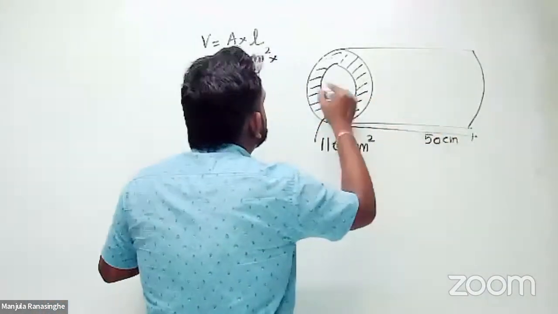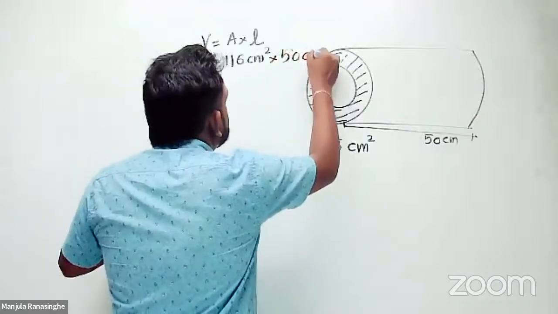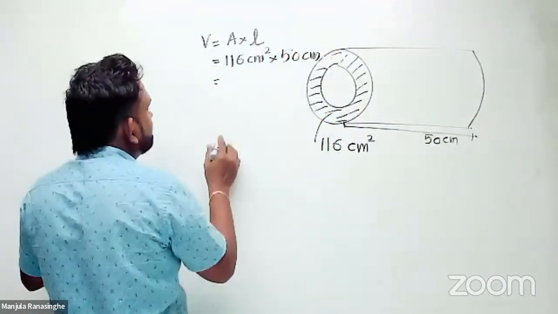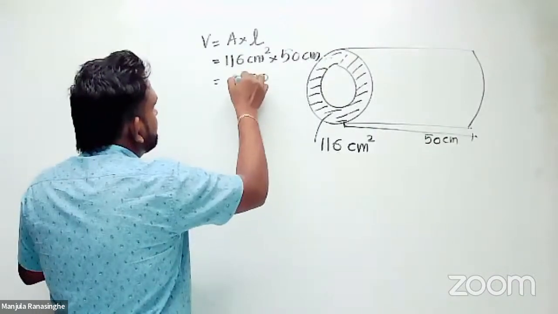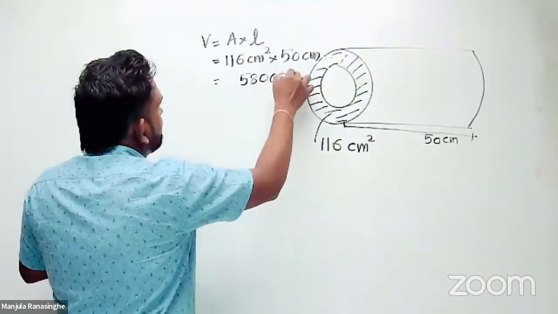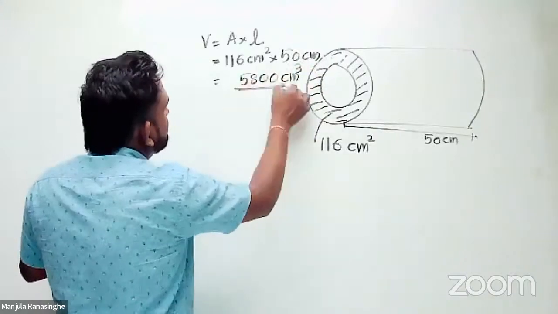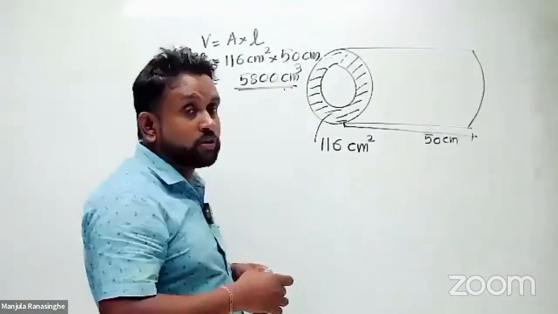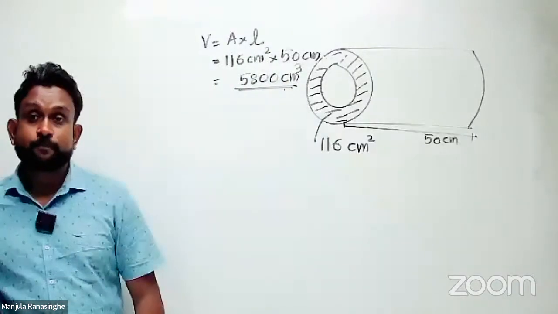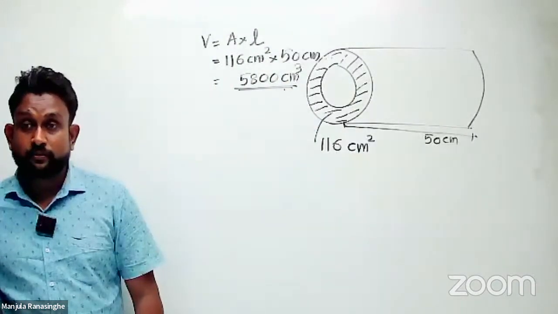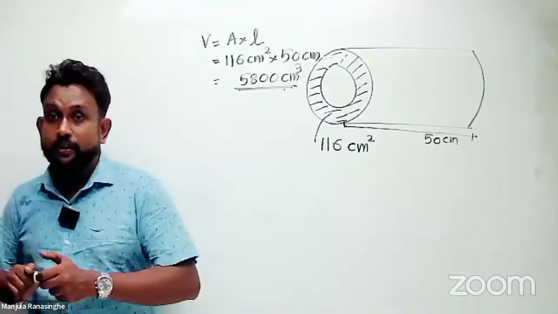The length is 50 centimeter. Now multiply and take the answer. 5,800 cubic centimeter. That is the volume. Cross section into the length. Take an idea. Right. If any doubts, ask.